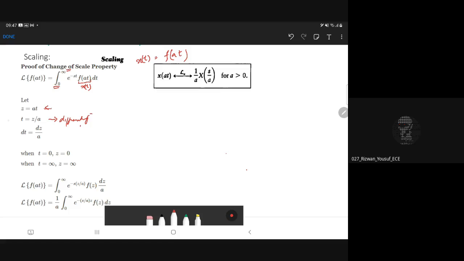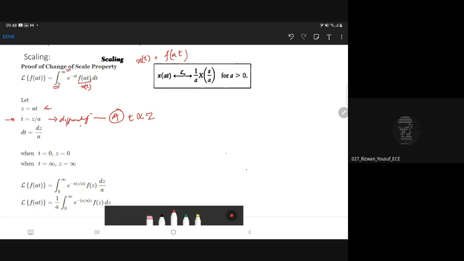From equation A, t can be 0 only when z is equal to 0. If z is infinity, then t will be infinity. That is how the limits are modified. Apparently there is no change in limits because z and t are directly proportional.